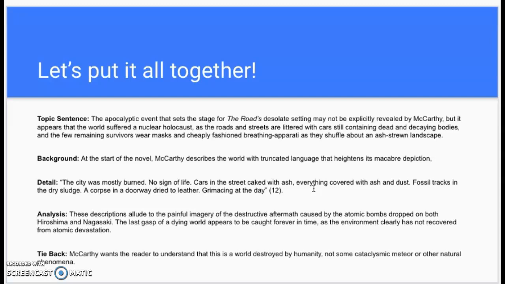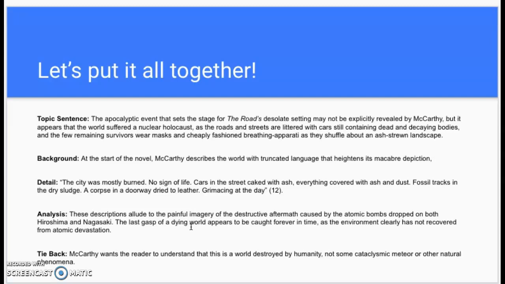These descriptions allude to the painful imagery of the destructive aftermath caused by the atomic bombs dropped on both Hiroshima and Nagasaki. The last gasp of a dying world appears to be caught forever in time, as the environment clearly has not recovered from atomic devastation.